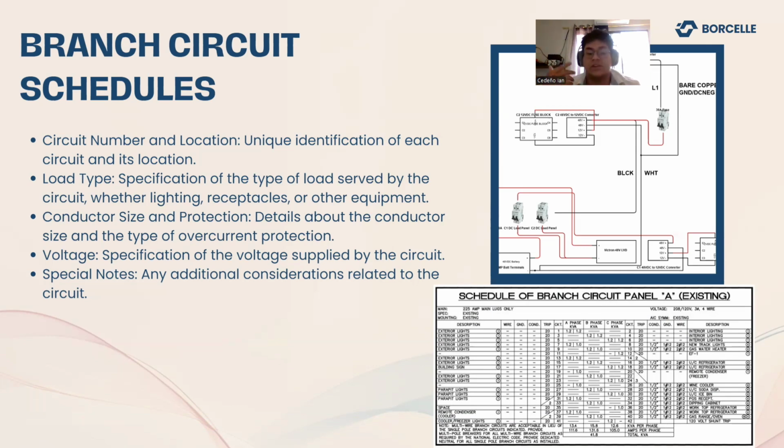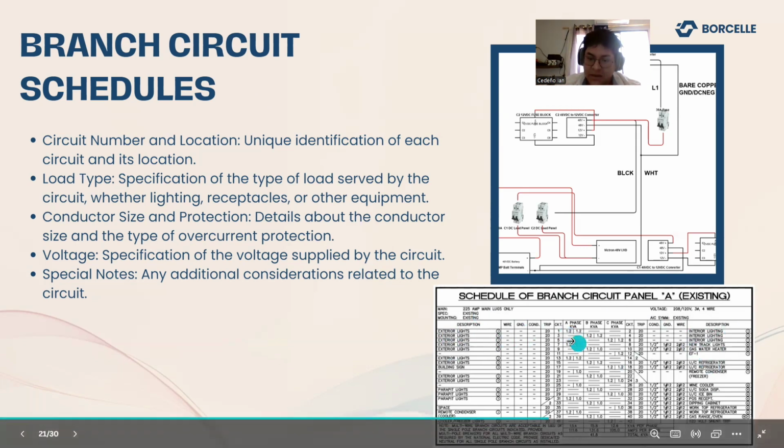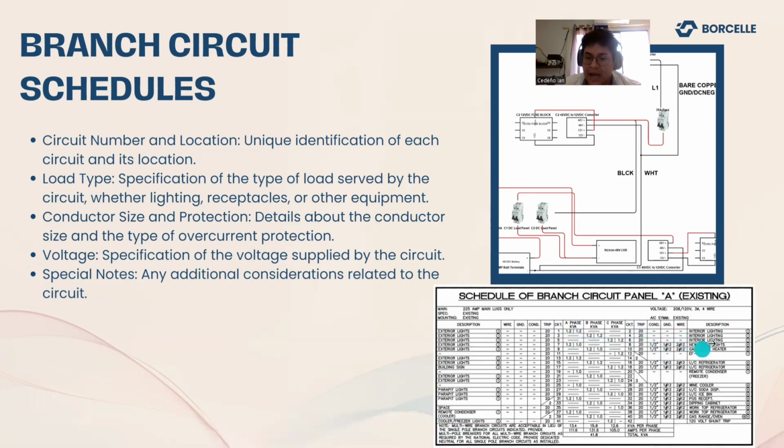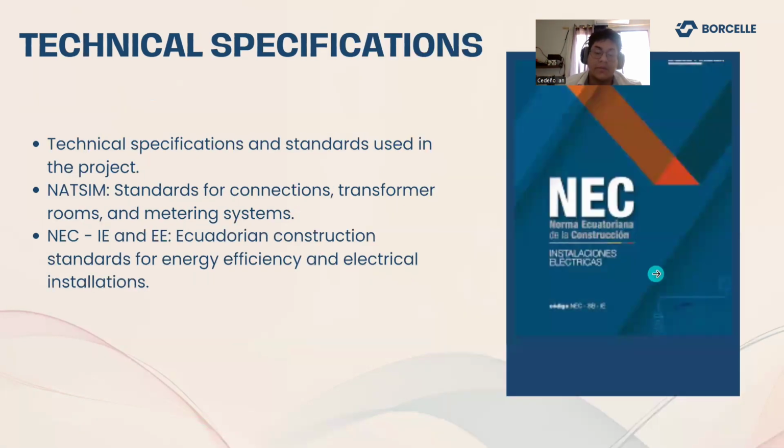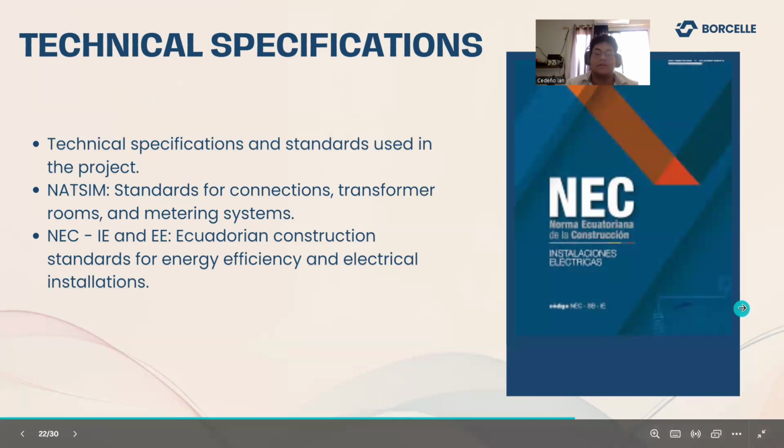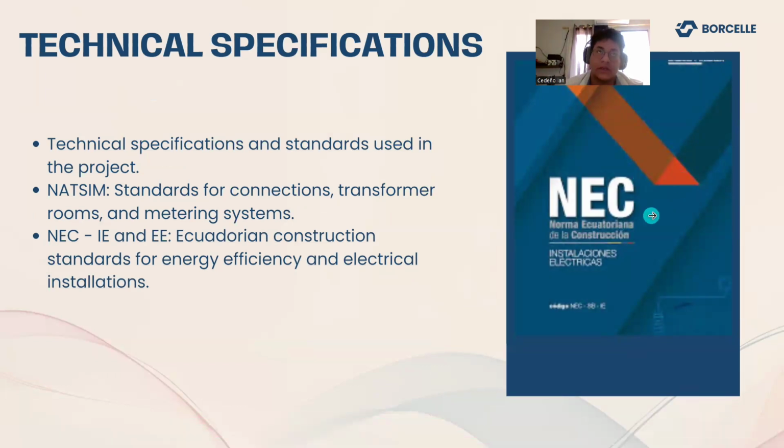The voltage: the specification of the voltage supplied by the circuit. And special notes for any additional consideration related to the circuit, like the external, the internal parts, the voltage, the phases, the types, etc. It's very important that a panel board have these specifications of the different circuits and systems in the house.